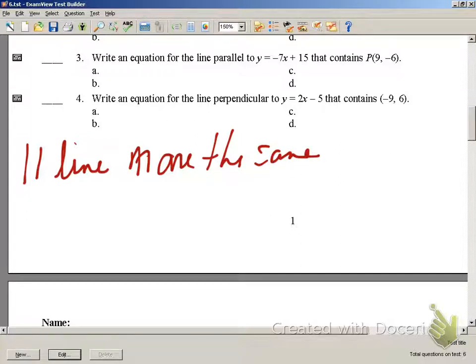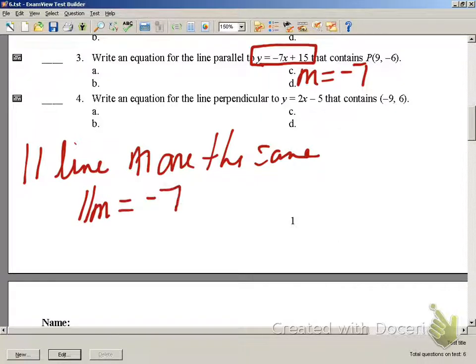So I'm looking at my line up here, and I need to find out what the slope is of that line. For that line, slope equals negative 7. So the line that's parallel to it, the parallel slope, as I like to call it, would equal negative 7 as well. I have a point at 9, negative 6.